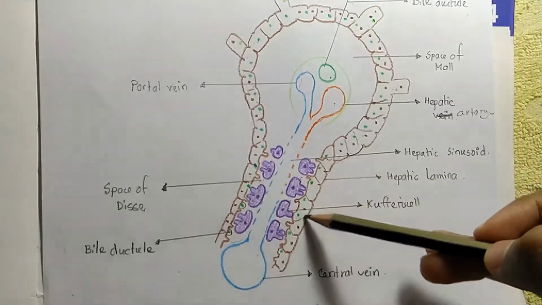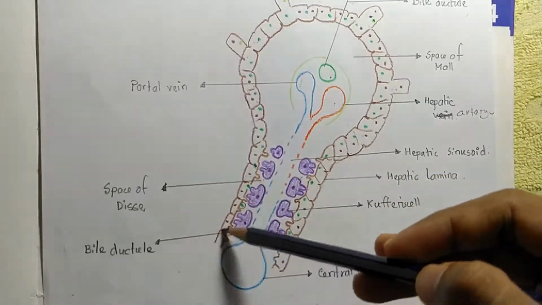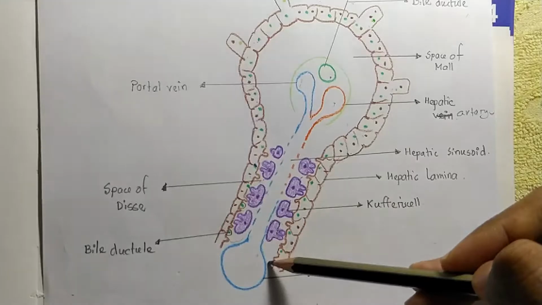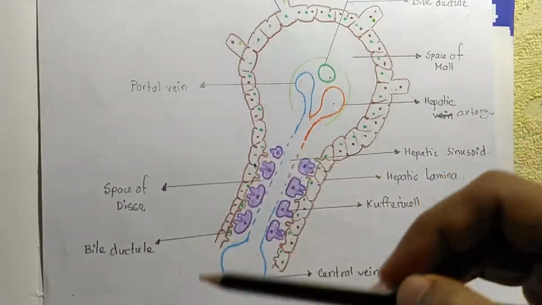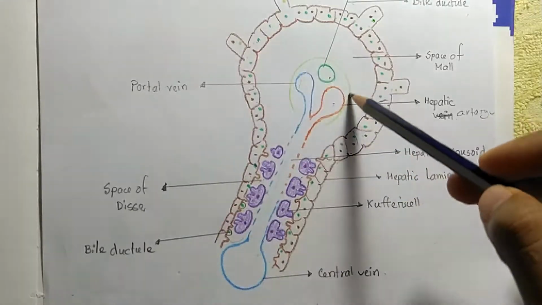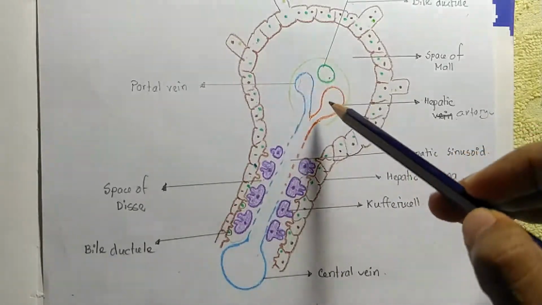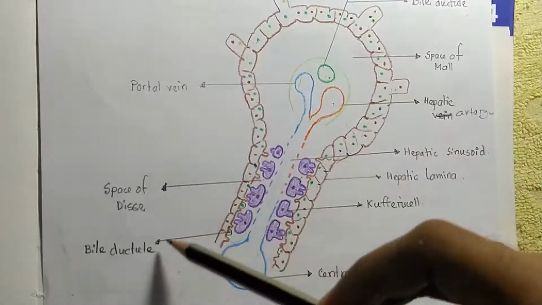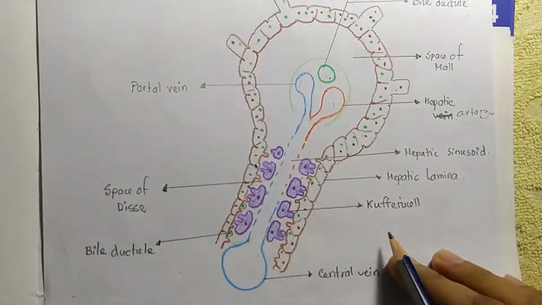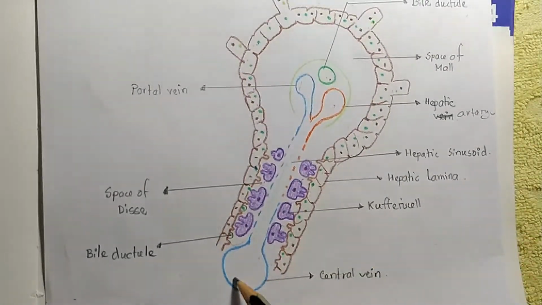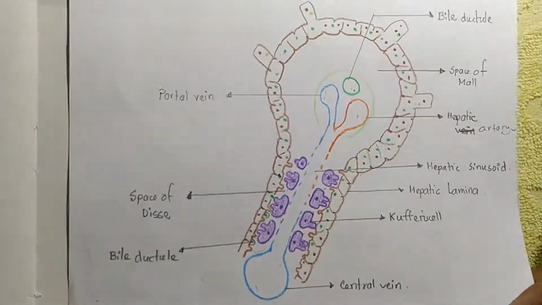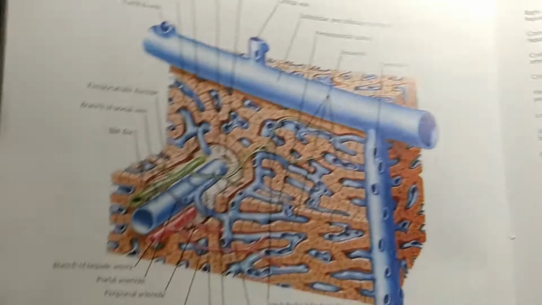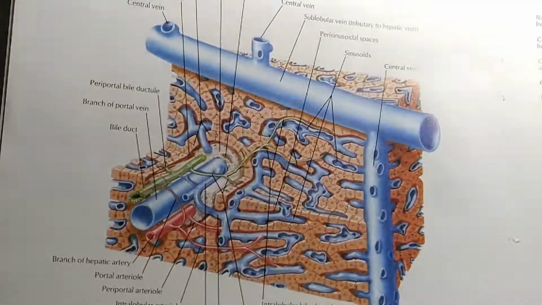So these are called the hepatic lamina, formed by multiple hepatocytes, and this is the hepatic sinusoid. And this is a portal lobule, consisting of portal vein, hepatic artery and the bile ductules, and this is the central canal. Now you can see some biliary channels here.